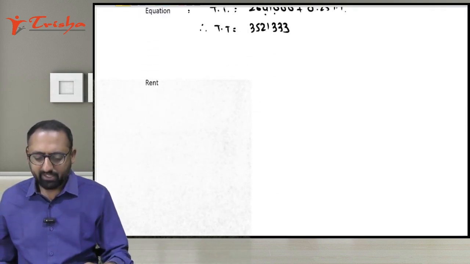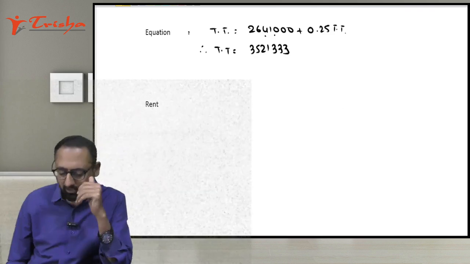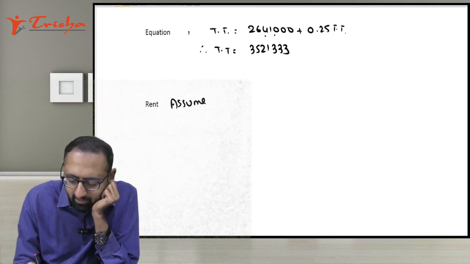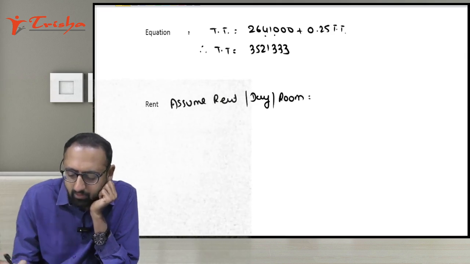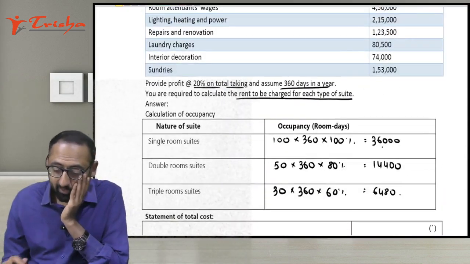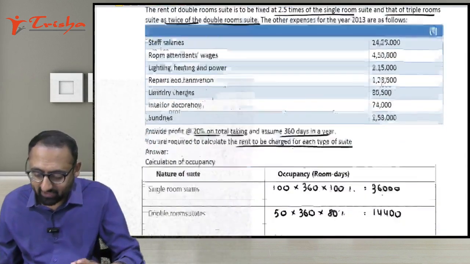Now we have to calculate the rent. Now a very important adjustment, some students will get confused. I will assume rent per day per room. The rent of the double room is 2.5 times the single room.